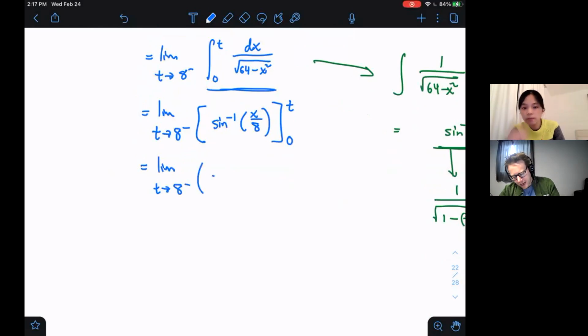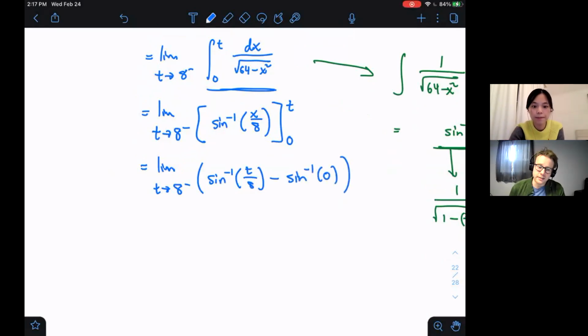So when I plug in t, I get sine inverse of t divided by 8. And when I plug in 0, I get sine inverse of 0. Luckily, our calculators can tell us what sine inverse of 0 is equal to, and that's just 0. Or again, you can remember some picture of what sine inverse looks like.